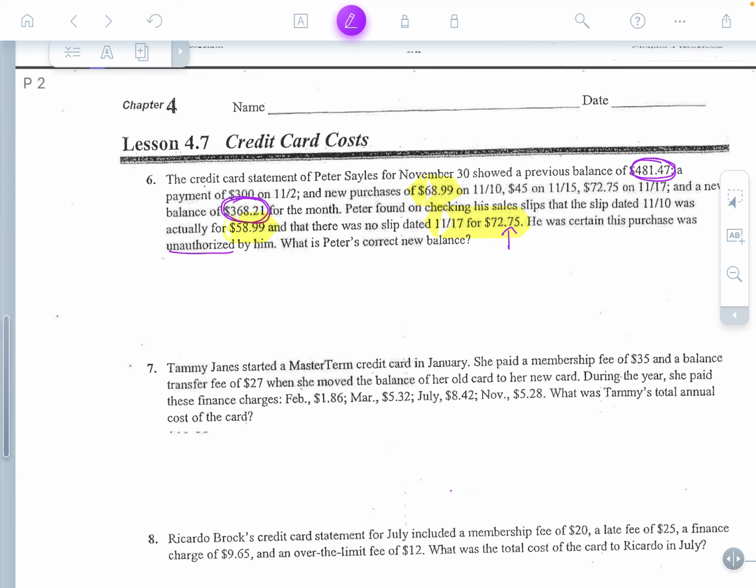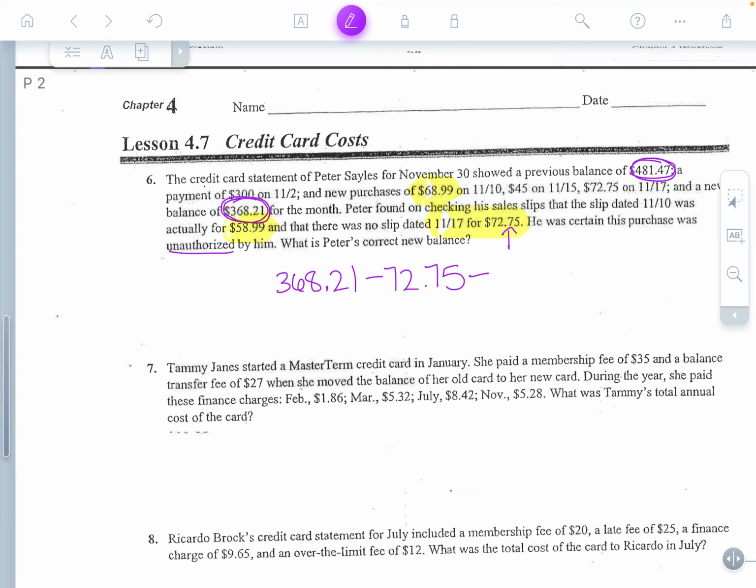So I'm going to do this a bit of a quick way. We're going to take the new balance that he originally had, just like we did in problem 4, and we're going to subtract the unauthorized purchase, and then we're going to subtract the difference between $58.99 and $68.99 because that was an error on the credit card statement.